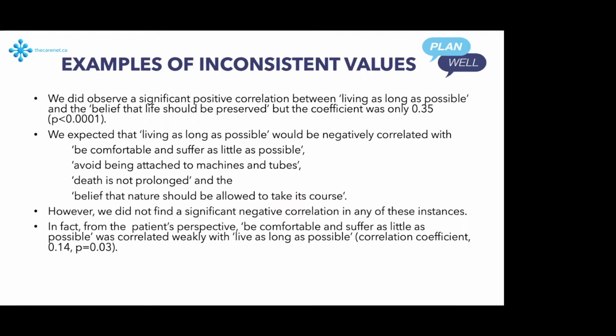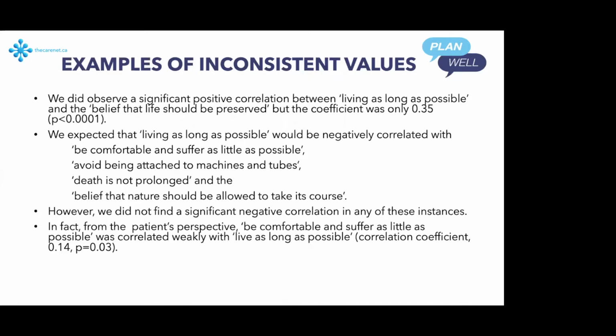So here's an example of a positive correlation between living as long as possible and the belief that life should be preserved. That makes sense, that those two ratings should correlate, but it's a modest correlation coefficient of 0.35. In contrast, we thought that living as long as possible should be negatively correlated with the rating of importance of being comfortable, avoiding machines, that death not be prolonged, that nature should be allowed to take its course.